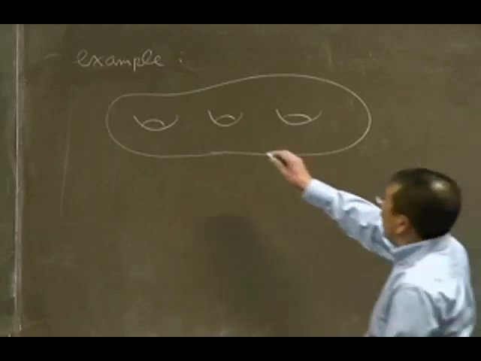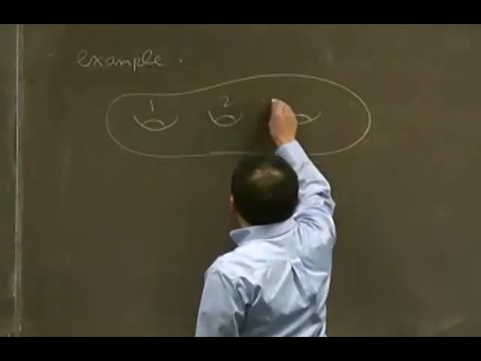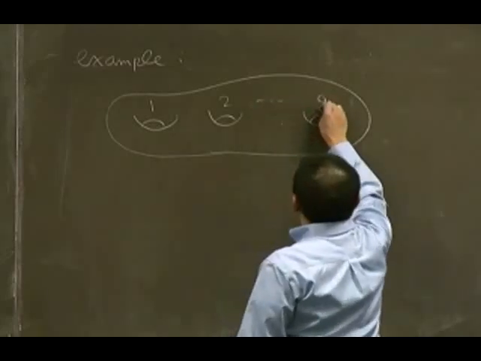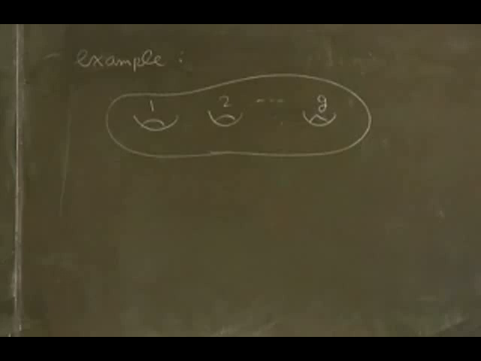In this case, suppose you have G handles. Then it turns out that we need 2G generators.